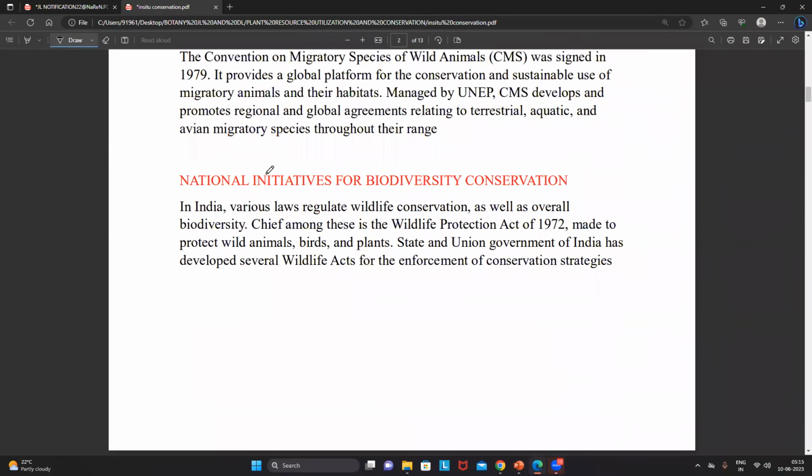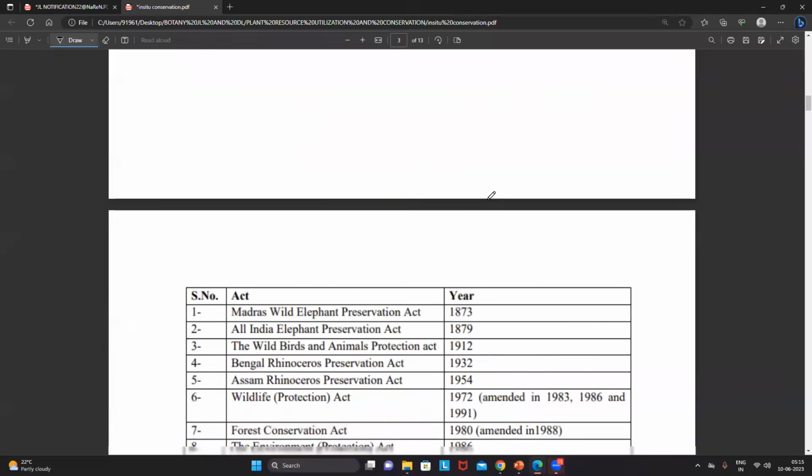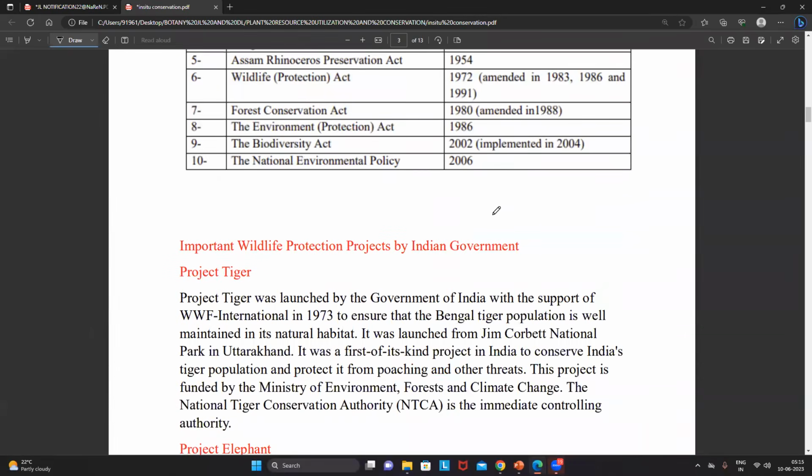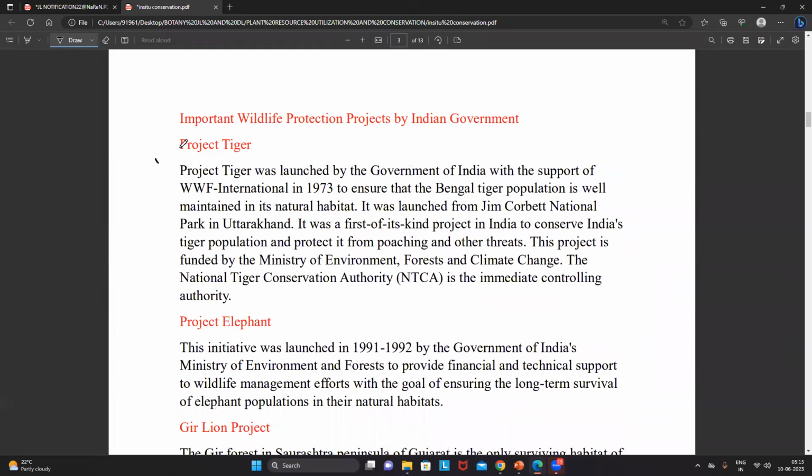Then the next one, what are the national developments? What has India done for biodiversity conservation? India has also done many programs. Among those, first one is called Project Tiger. You have to remember which year Project Tiger was launched and what is the aim.